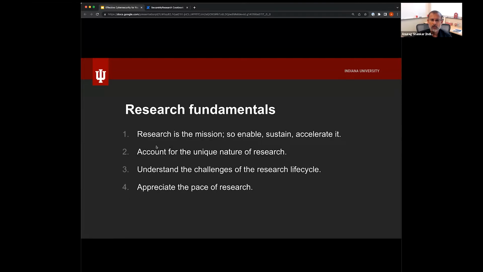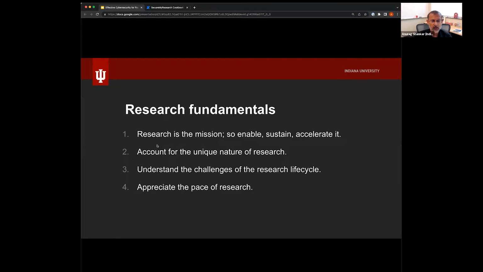So certain research fundamentals have to be internalized. The first one is that research is the mission, not cybersecurity. And therefore, cybersecurity's mission is to enable, sustain, and accelerate that research. The second one is that cybersecurity has to account for the unique nature of research. I was a researcher for a long time. I'm a computational astrophysicist by training.